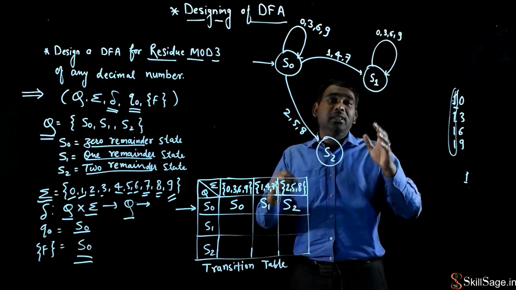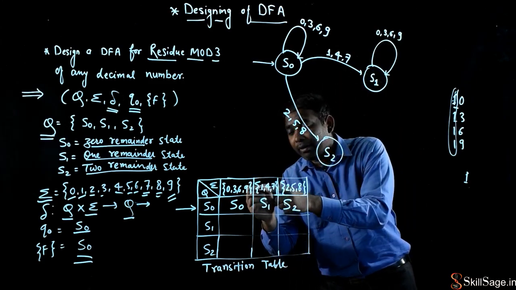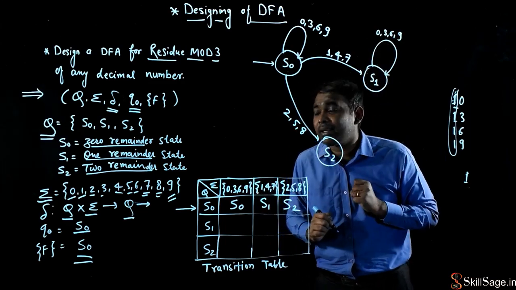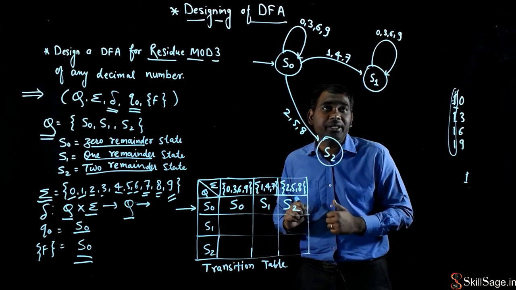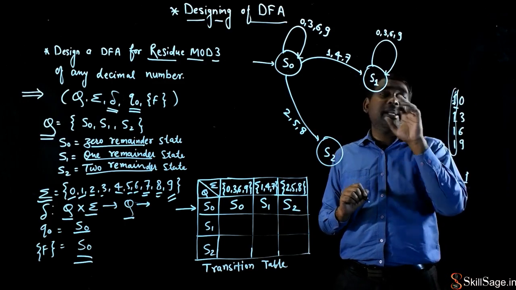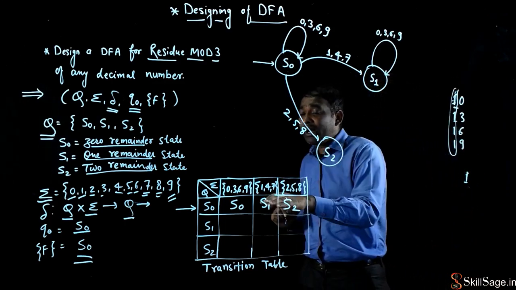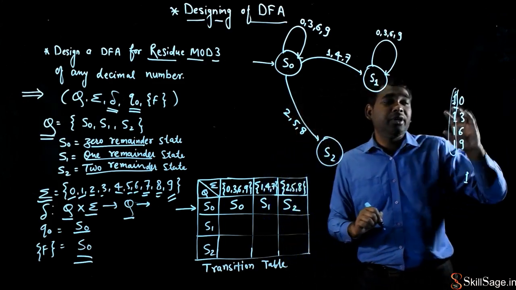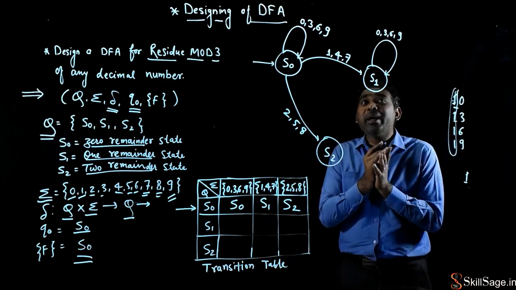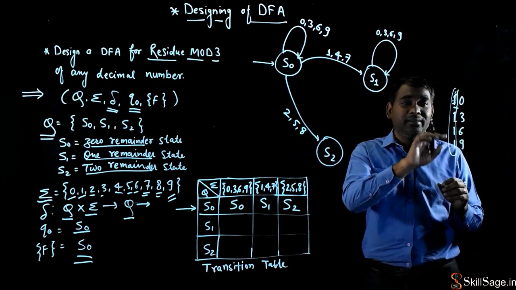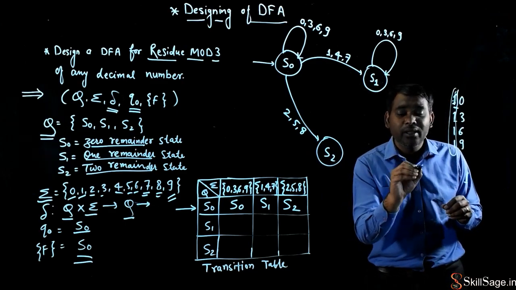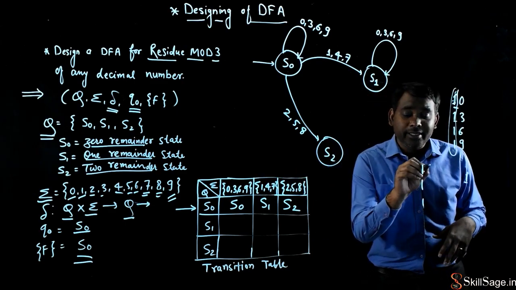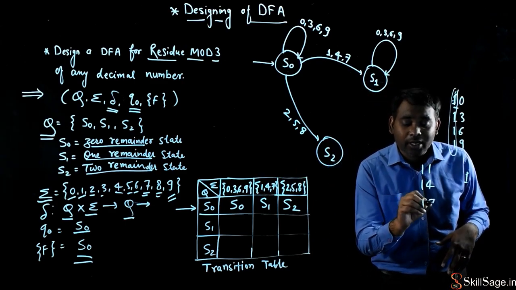We'll find out the transition for 1, 4 and 7 from the current state S1, the remainder 1 state. That means 1 is already there. What input symbol am I going to read? 1, 4 or 7. If I read any one of them, what would be my number? Current state is 1, and my next input symbol is either 1, 4 or 7.